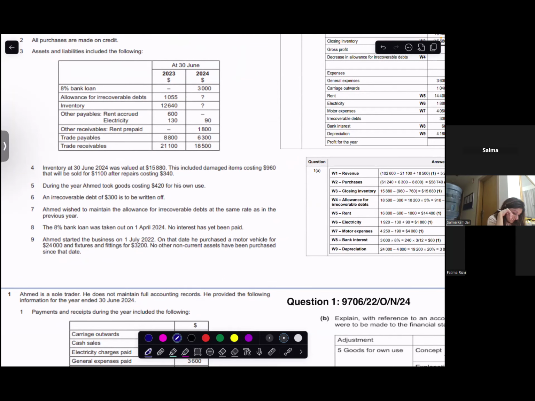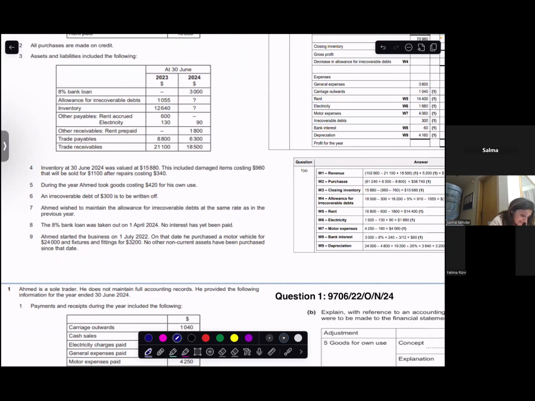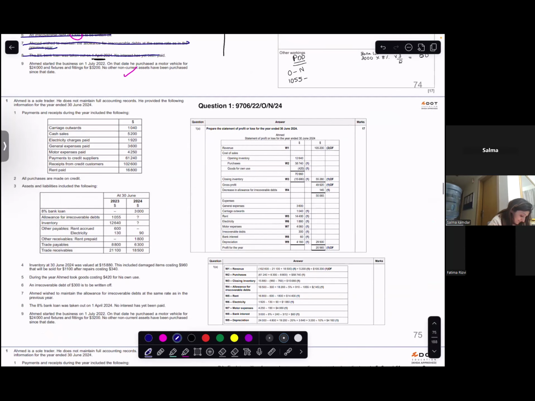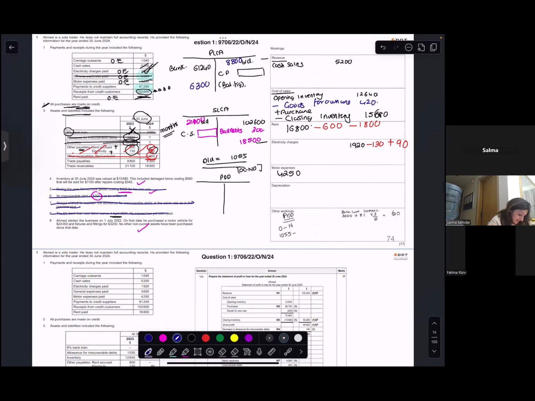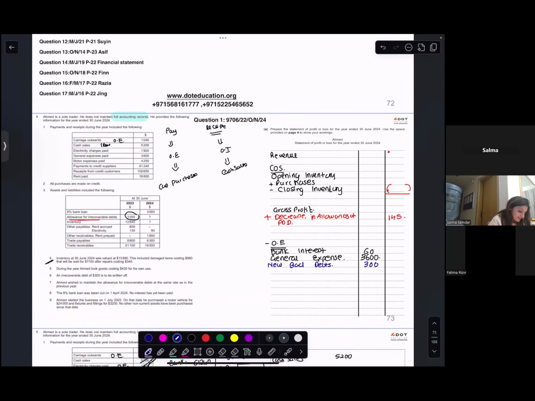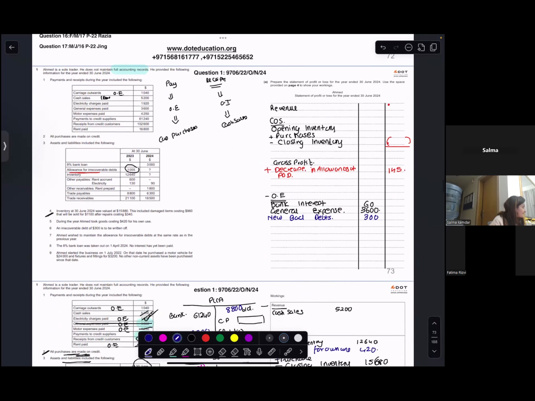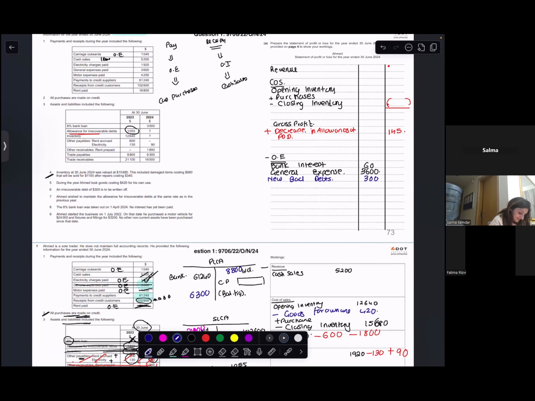Fixtures and fittings were purchased for 3,200. No other non-current assets have been purchased on that date. They've not given us any rate of depreciation or anything as such. Let me check the original question and come back.